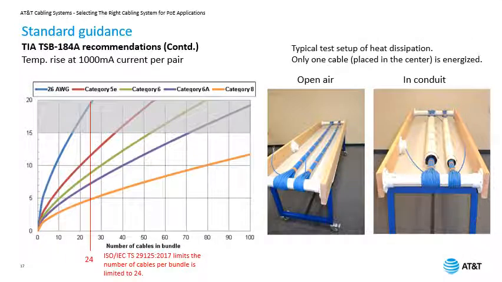You can see from the graph here, when we use 1000 milliampere, the total number of cables in one bundle is decreased. For example, 26 AWG decreased to 15 cables per bundle, Category 6A is up to 70 cables per bundle, and Category 6 is up to 50 or 54.